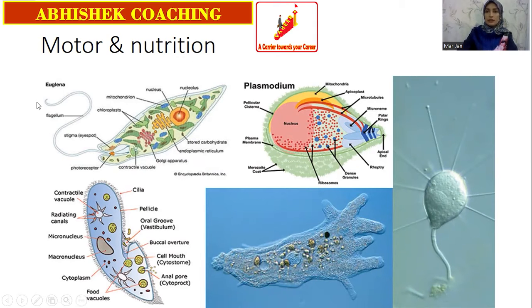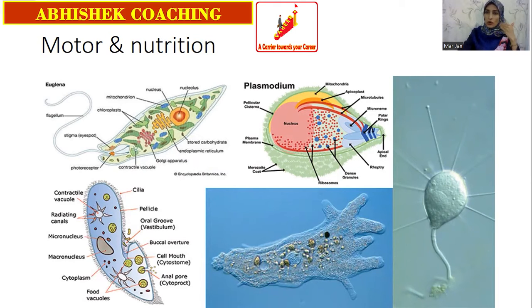As we said, they can use flagella for movement, or they can use cilia for movement. Cilia is like a similar structure we have in our respiratory system. Cilia is like those structures lining our respiratory system.